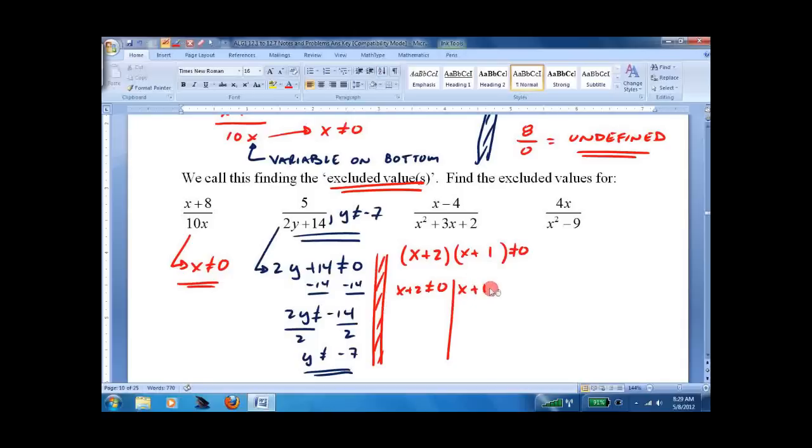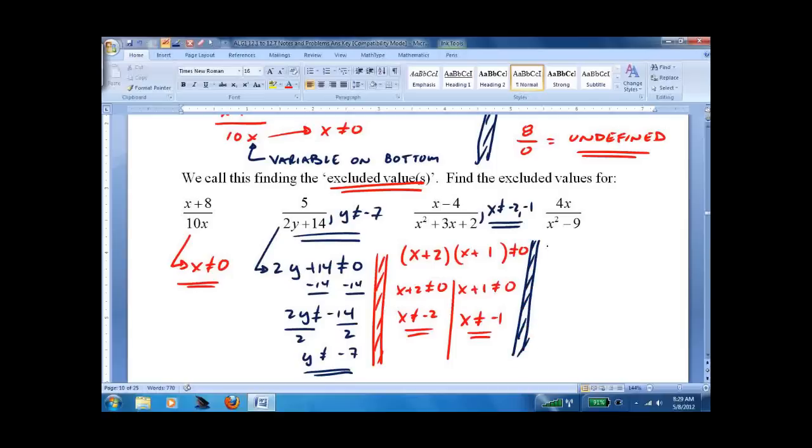X plus 1 cannot equal 0. X cannot equal -2. X cannot equal -1. Have I changed this problem at all? Have I reduced it, simplified it? No. All I did was say x cannot equal -2 or -1 because they would make the problem undefined. That's all I did.